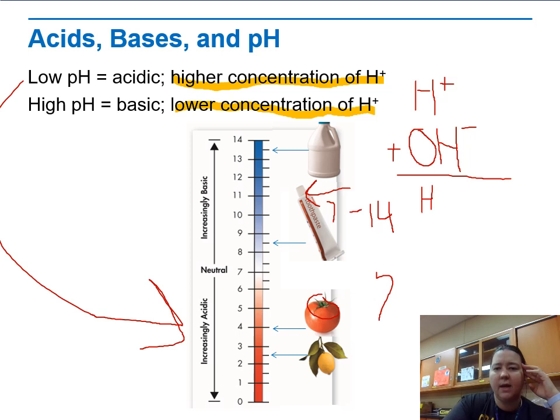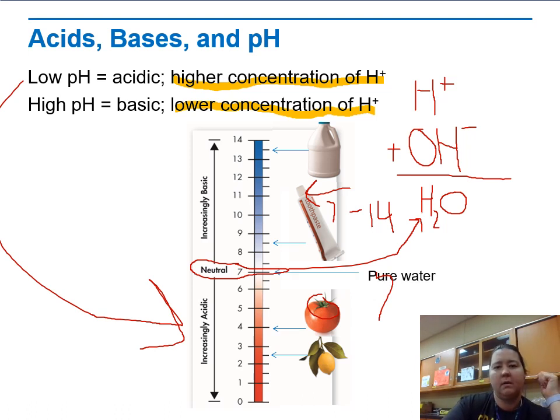So that's why neutral, which is 7, right here, is actually pure water. Pure water is because we have an equal number of H plus ions and OH minus ions, and that actually ends up creating water.